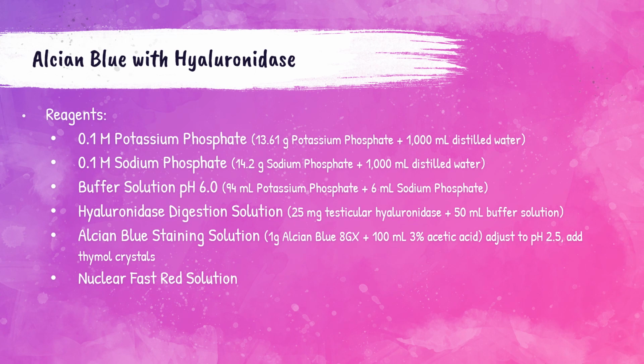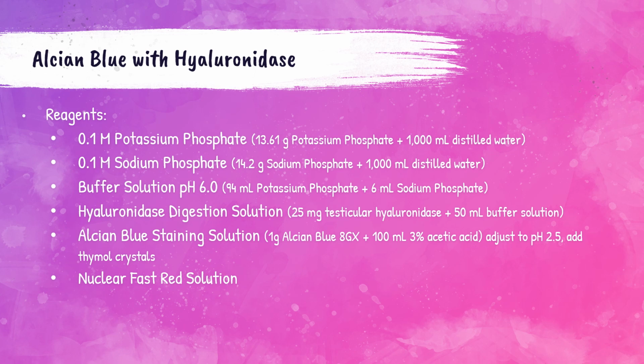The reagents for the Alcian blue with hyaluronidase stain are 0.1 molar potassium phosphate. This is prepared by mixing 13.61 grams of potassium phosphate with 1,000 milliliters of distilled water. 0.1 molar sodium phosphate, which is prepared by combining 14.2 grams of sodium phosphate with 1,000 milliliters of distilled water.